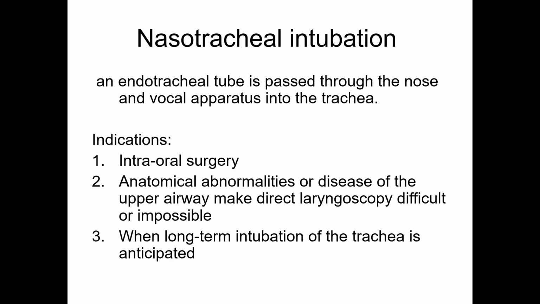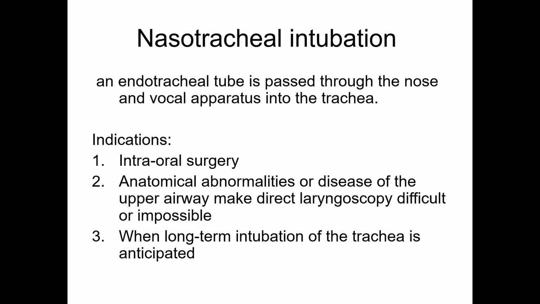Nasotracheal intubation. Sometimes we need to put the endotracheal tube through the nose, pass to the larynx, through the vocal cords, to the trachea. Indications: intraoral surgery, for example tooth extraction, and anatomical abnormalities or disease of the upper airway.